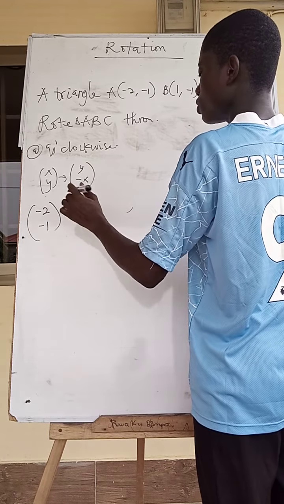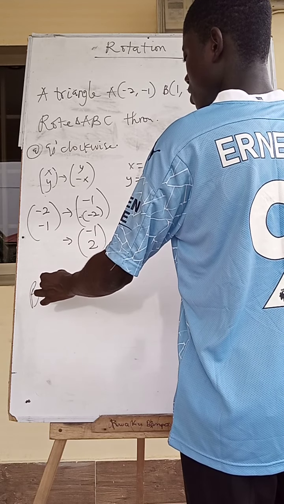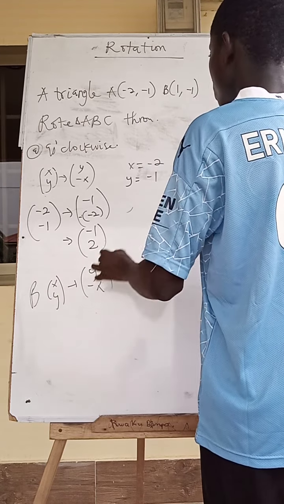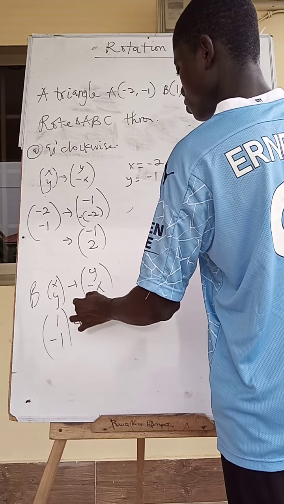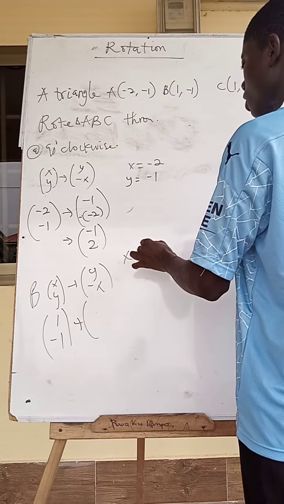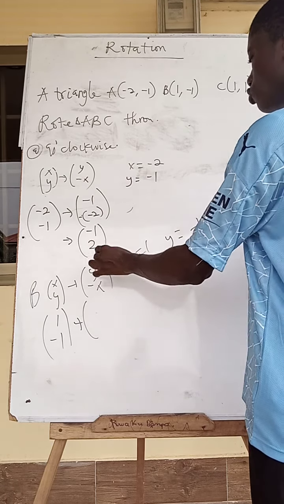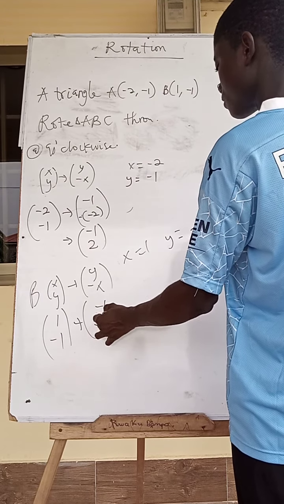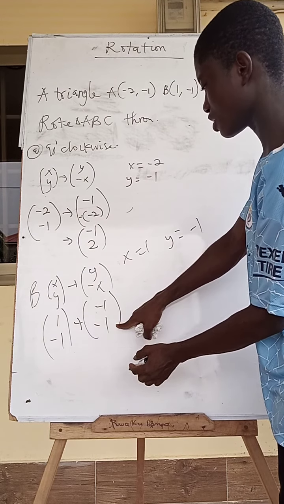Let's try B and the other. Maybe by the time you finish, you'll get it. So for B, you know our x, y maps to y, negative x. So our B is 1, negative 1. So here our x is 1 and our y is also negative 1. So y is negative 1, negative x, so it's negative 1. So we have x is 1, but we are negating it, so we are going to get negative 1.